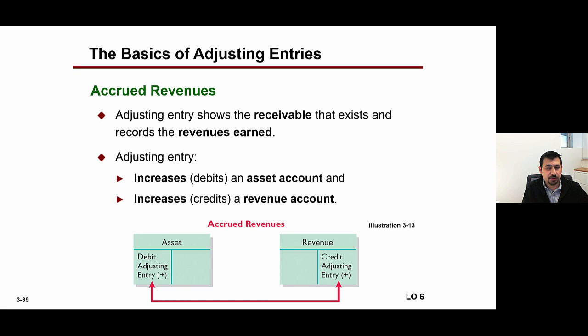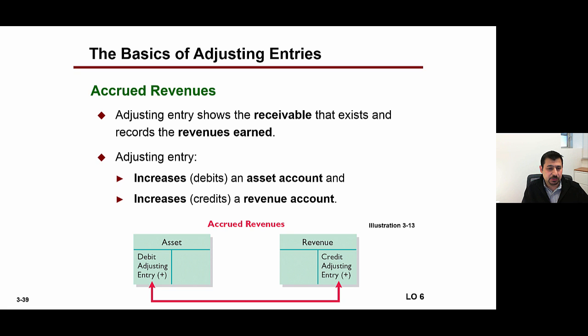And for this one, assets and stockholders' equity are both understated before making the entry. Why? Because we had said that we did not earn the revenues, so stockholders' equity was understated, and we said that we didn't have this asset, in this case, for example, accounts receivable. So how do we adjust for that?